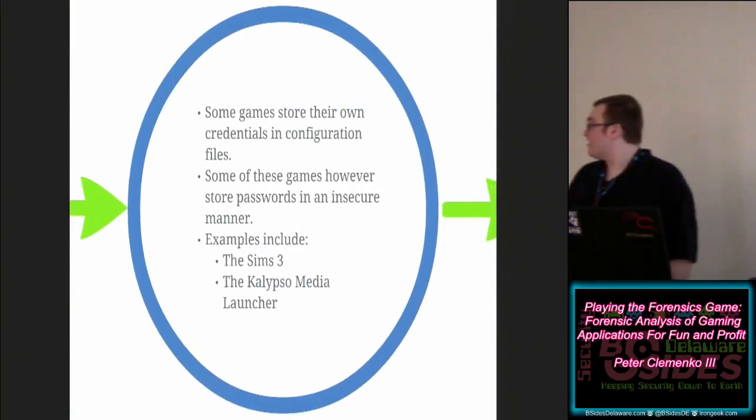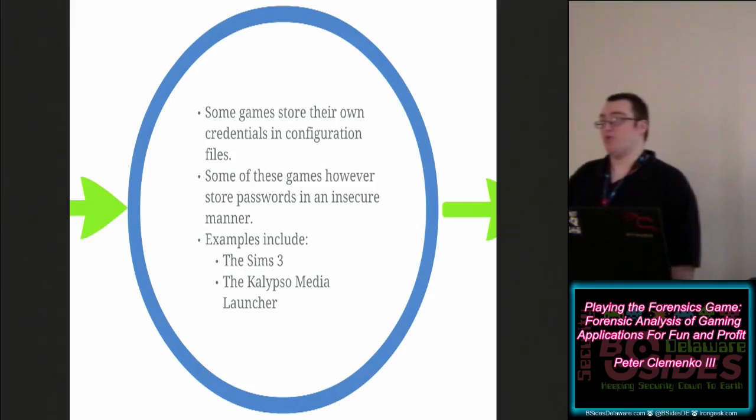So, you've got some games storing passwords in their own config files to their own logins. Now, you've got some of these which unfortunately are storing very insecurely, either in some cases base64, usually with character array in that case, or even clear text. Some examples include The Sims 3 and the Calypso Media Launcher, which launches every game published by Calypso Media.